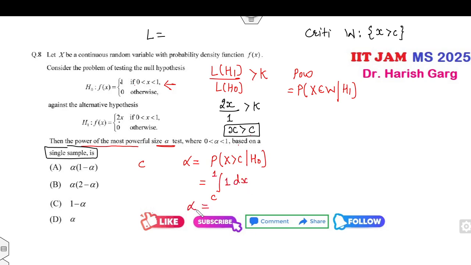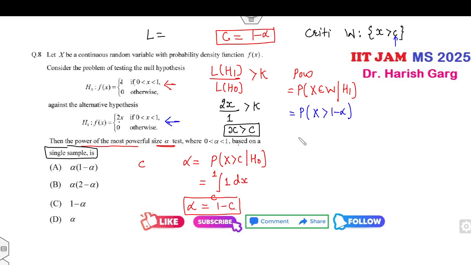So what is the answer of the alpha? If you integrate, it is 1 minus C. What is the value of the C? It is 1 minus alpha. So if I substitute here, probability of x is greater than C, value of the C is 1 minus alpha provided H1. So what is the answer of this?